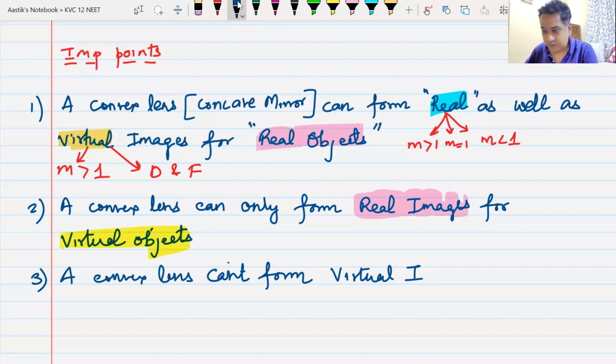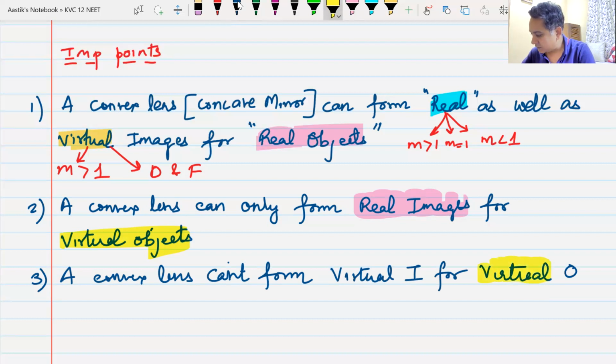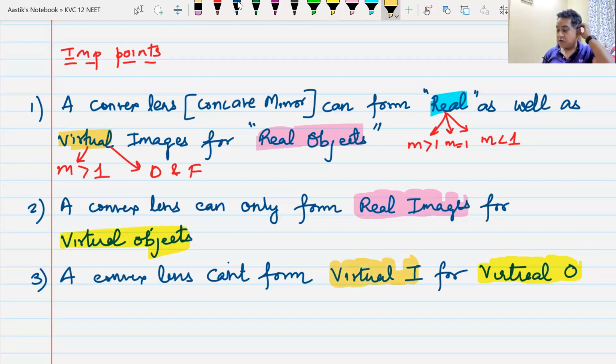Remember this. Don't forget this. Virtual images for virtual objects, it cannot do. I hope everyone is writing.